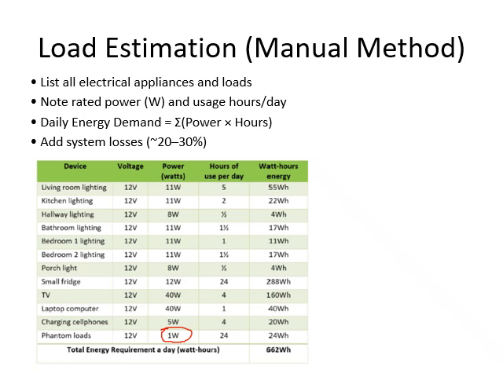For your area, you can work out which appliances you have and what their ratings are yourself. Then multiply the hours used by the wattage to get the watt hour. Then you sum up all the watt hours, and you find 662 watt hours. So this is my daily requirement, and we can start the calculation based on it.